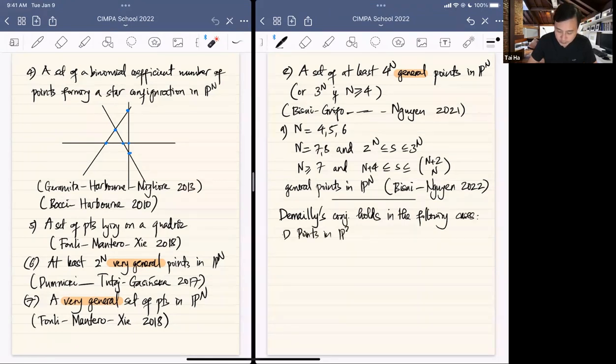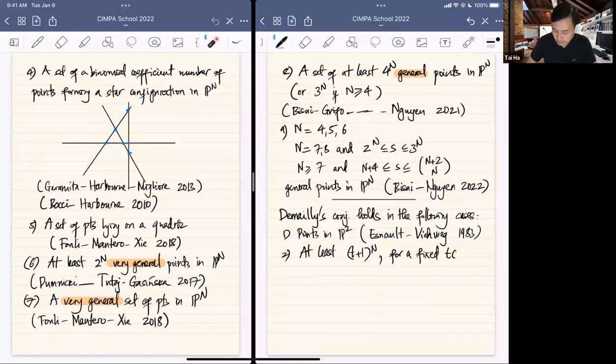So any set of points in P2, and this is by Esnault and Viehweg in 1983, so it's a long time ago. And then it's known for at least (t plus 1) to the power n points, for a fixed number t, and that fixed number t is inside the conjecture, a very general set of points.